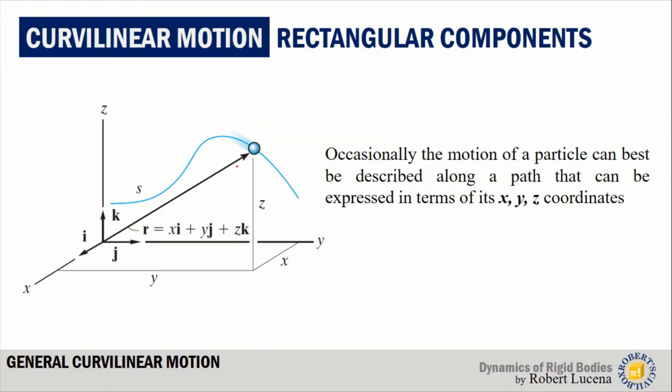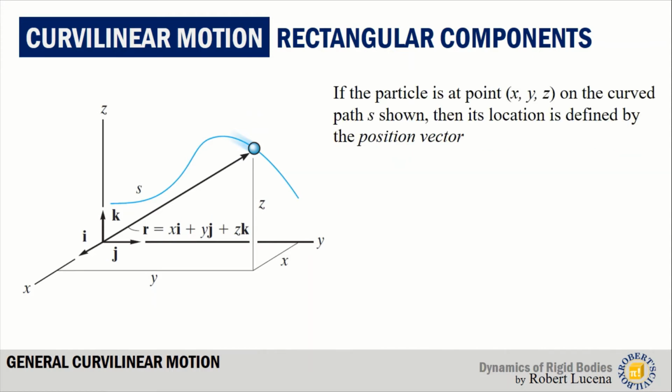So it is easier for us to define the position of this object if we use the global axes x, y, and z with base vectors i, j, and k. So to do that, we use vector r as the position vector. Now we get the component of an object's position in terms of x, in terms of y, and in terms of z.